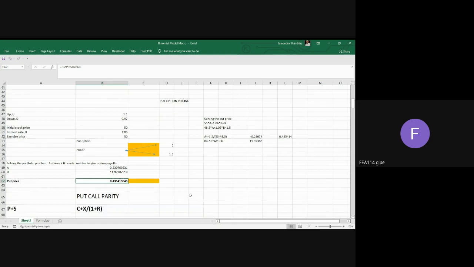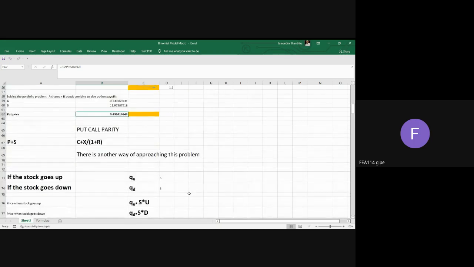So how we do it in Excel is we assume there are two factors, QU and QD. QU is the price of $1 of stock in up movement. If the stock goes up, if the actual price is $1, we price it by QU. If the stock goes down, we price it by QD.